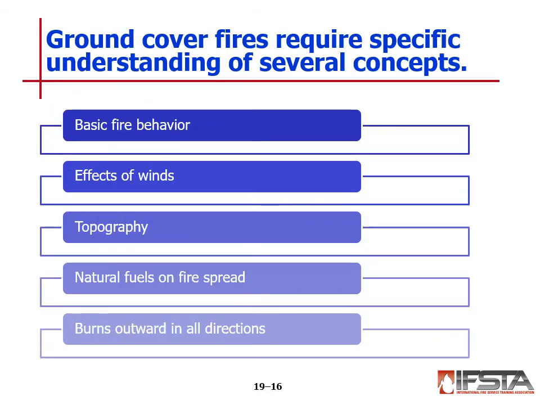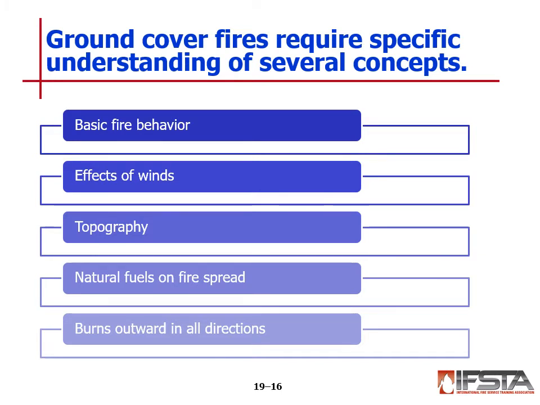So, just as a quick review of what we learned during the ground cover fires, remember the basic fire behavior in a ground cover fire is a little different than a structural fire, but it's still hot and hot air still rises. But in wildland fires, the effects of winds are much greater. The steeper the topography, the faster the fire will move up.